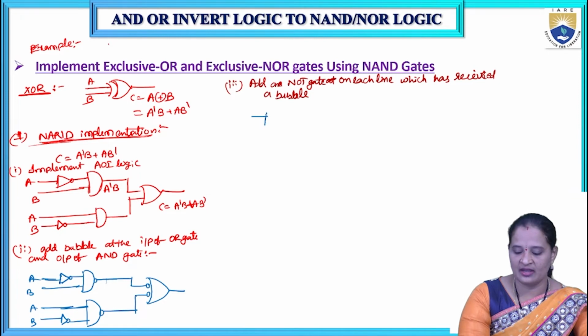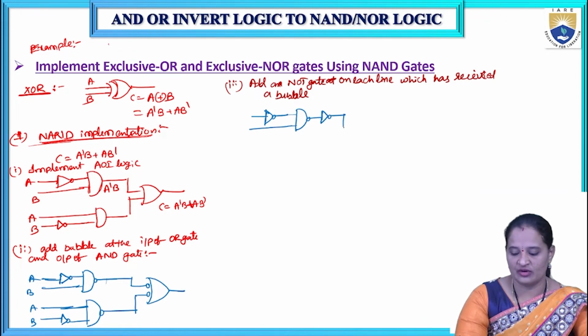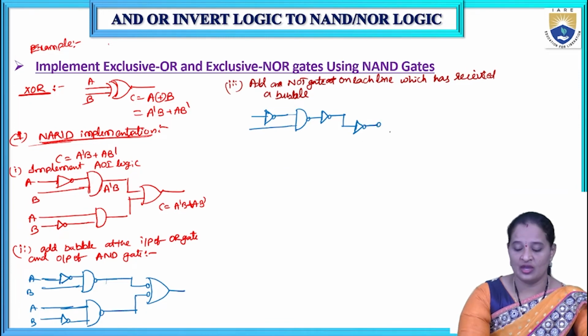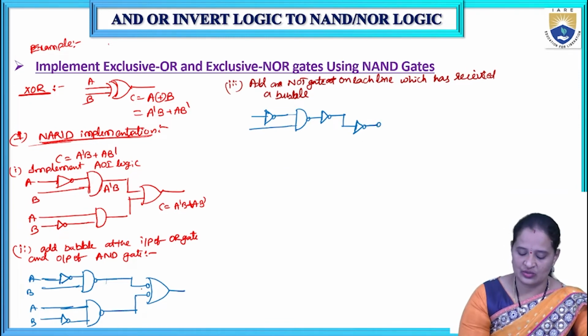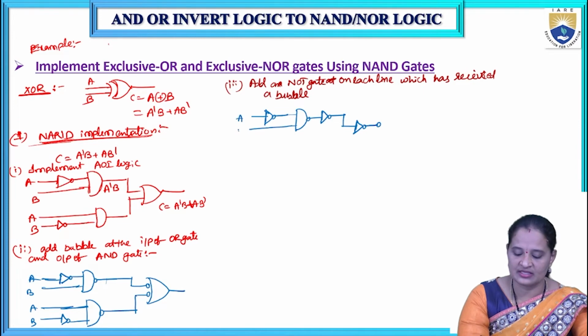At the output of the AND gate, we have to place an inverter because it has received a bubble. And at the input side of the OR gate, it has also received a bubble, so we place an inverter. This inverter is for this bubble and this inverter is for that bubble. Okay, this is A B.